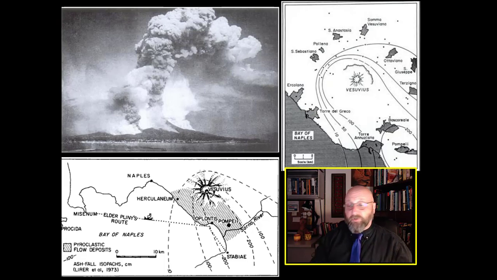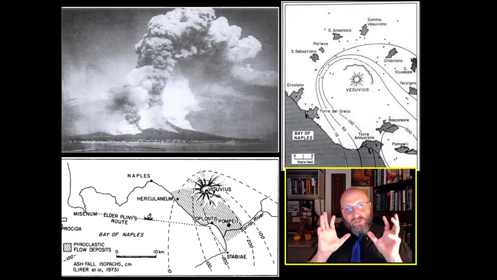It can reach temperatures between 400 and 1,000 degrees. It's filled with noxious fumes, poison gases. All of these are superheated. They can travel at speeds of hundreds of miles an hour. Anything that a pyroclastic surge touches dies.